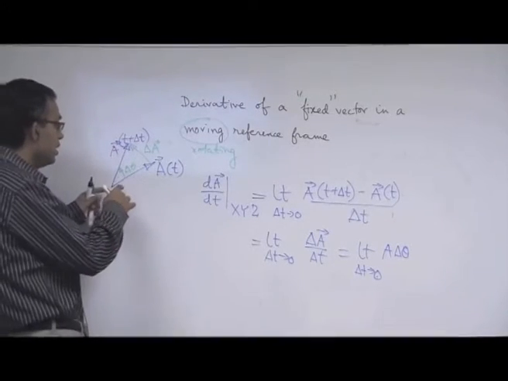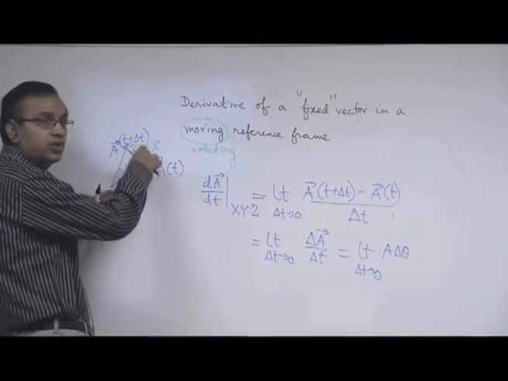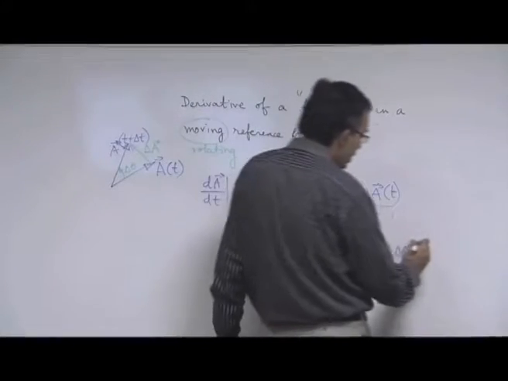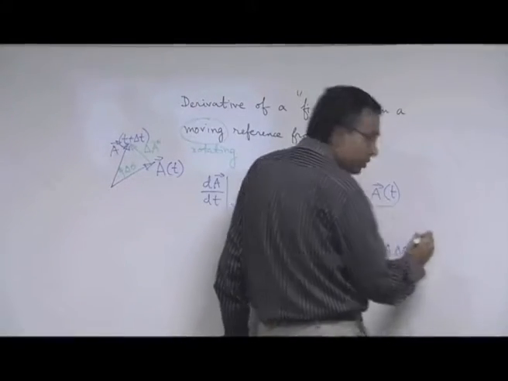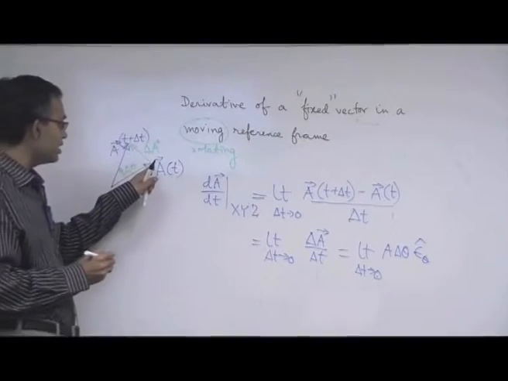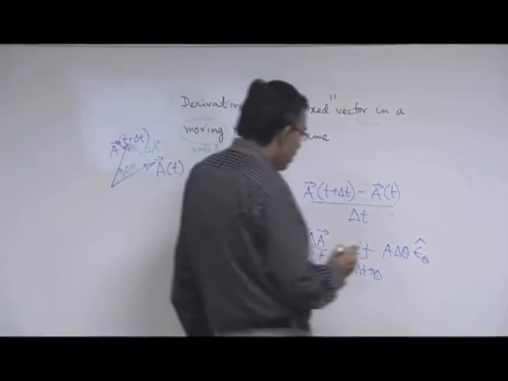Direction is a direction which is tangent to A. So let us call it epsilon theta, unit tangent vector which is tangent to A, right, divided by delta t.